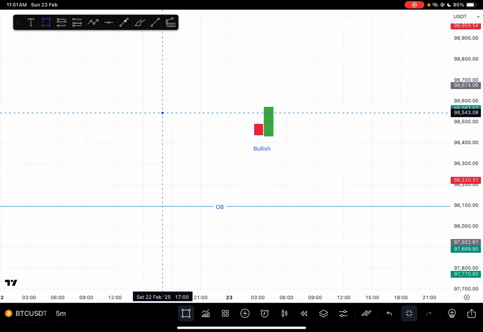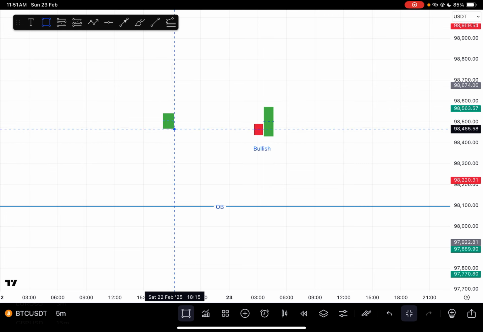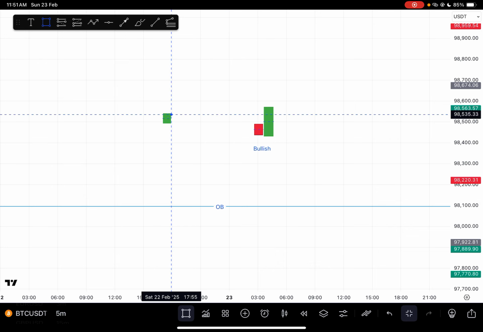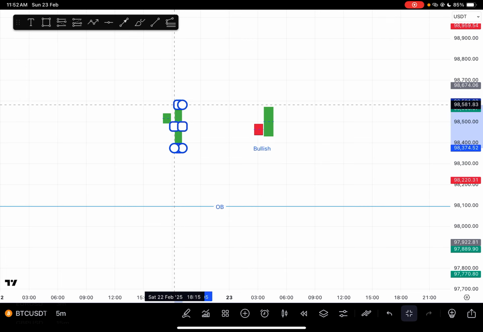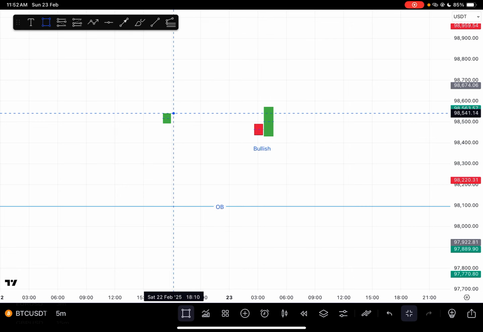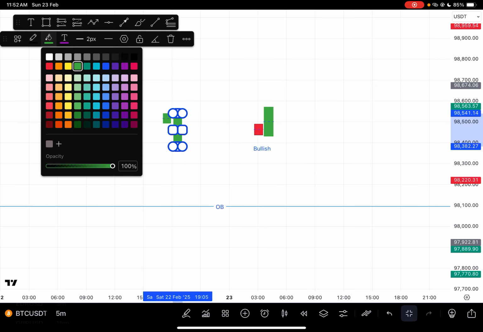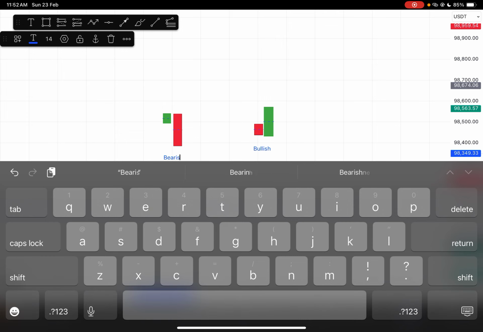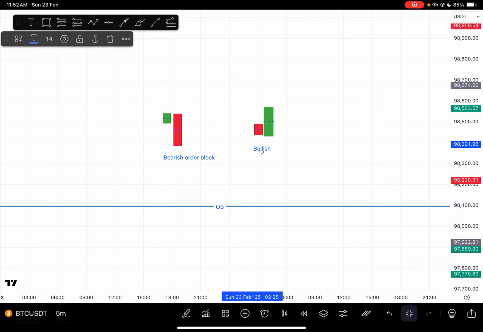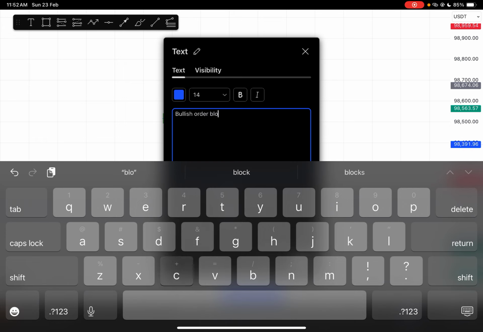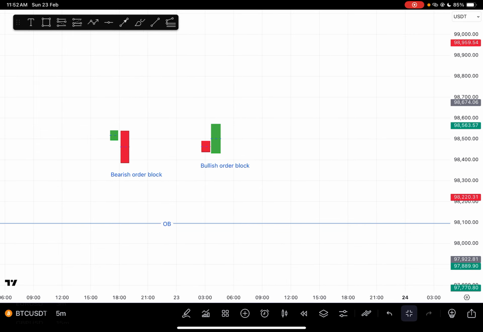Then for this, this is a bearish order block. So this is the first type of order block.